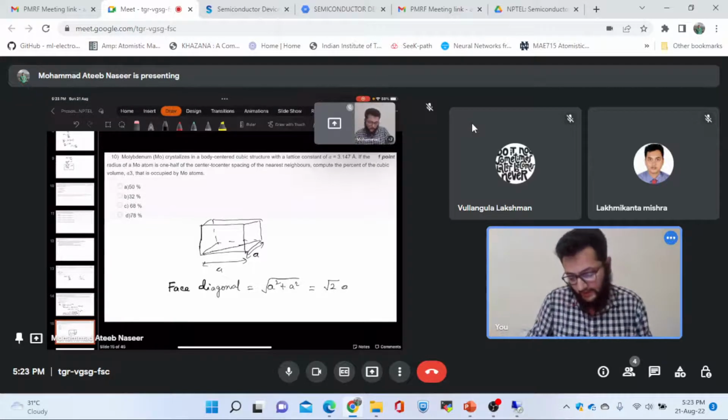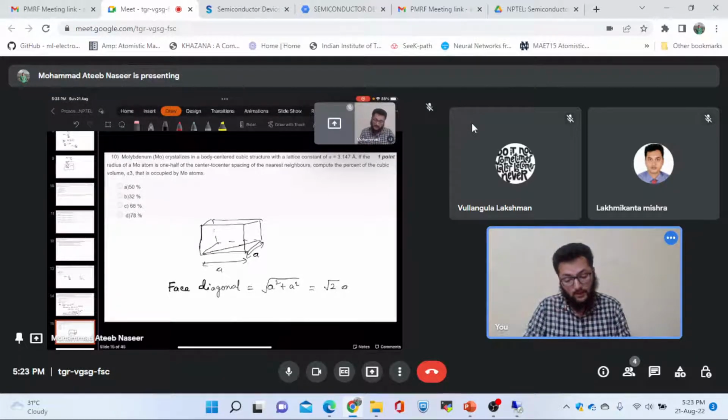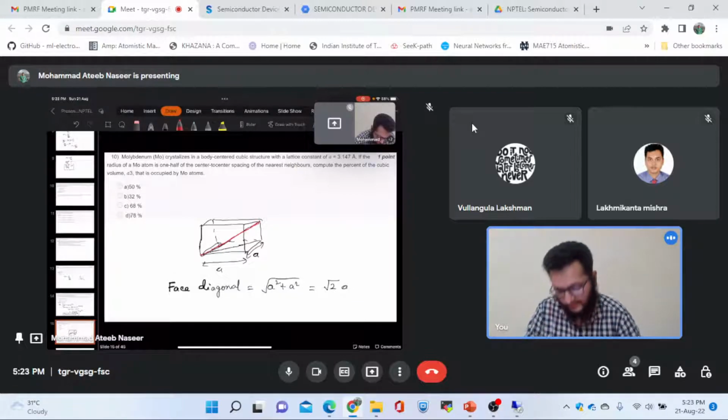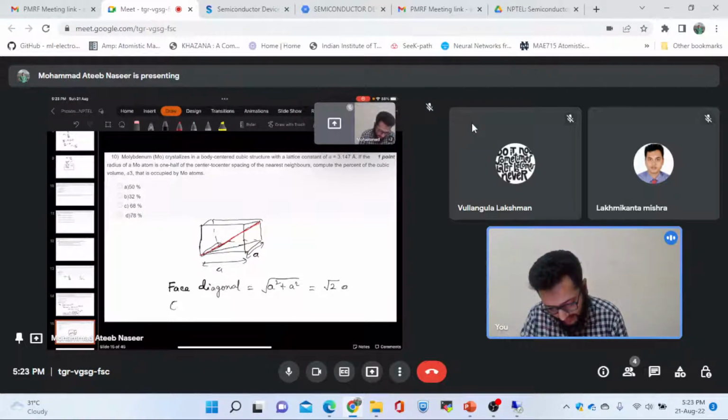Now if we see, since it is a body centered cubic cell, we will be having this as our reference now, and let me draw it in another color. This will be the diagonal, body diagonal. This is the cube diagonal now, and now let us write this cube diagonal length.